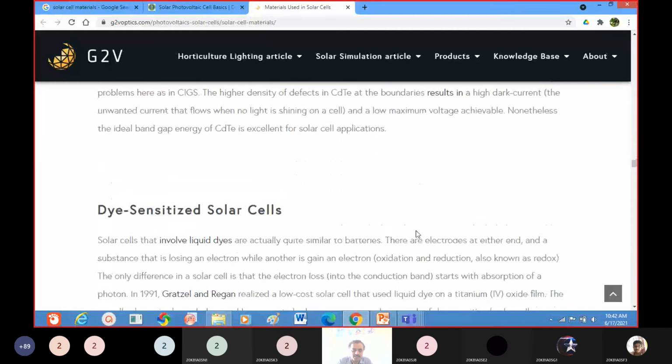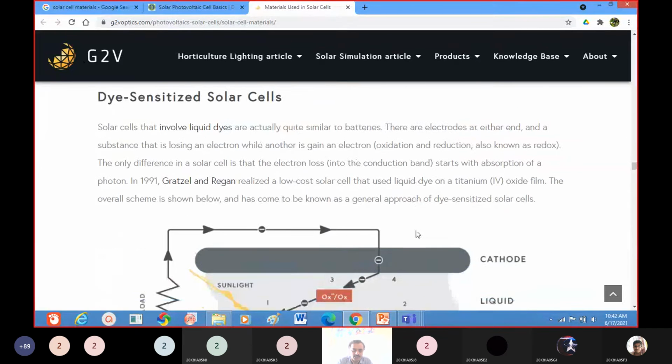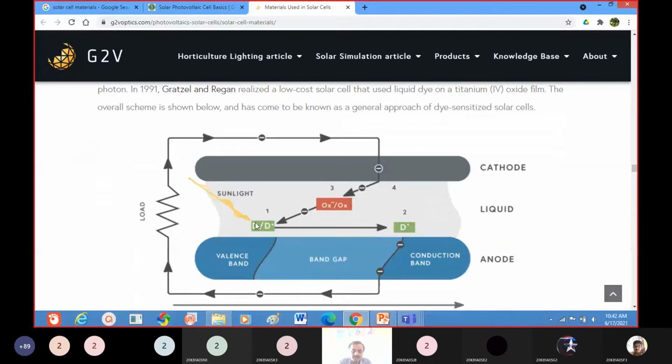And this is the cadmium telluride material, and dye-sensitized solar cells. Whenever light is absorbed, what happens? The electron goes to the excited state, that means it is ionized.